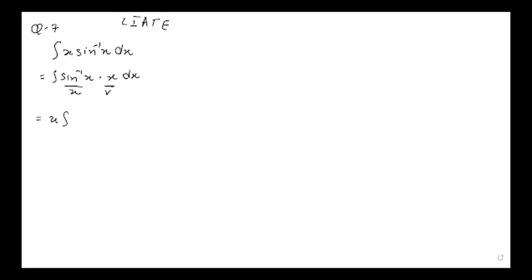Integration by parts: integration of u v is u integration v dx minus integration of derivative of u with respect to x times integration v dx, whole dx.